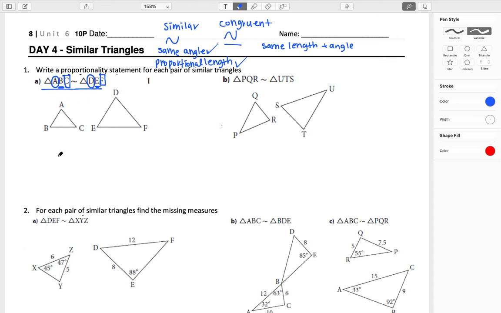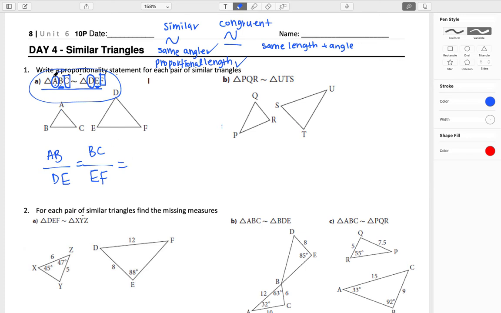In order to write the proportionality statement, we could say AB is proportional to DE, right? DE. And then all you need to do is just look at this statement. And then we could say the length BC is proportional to EF, the last two letters.